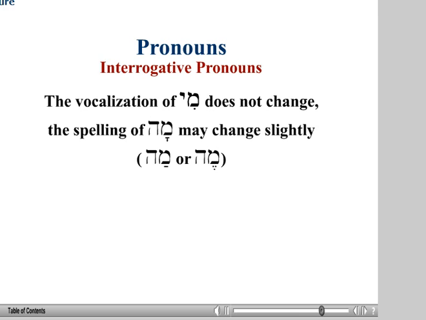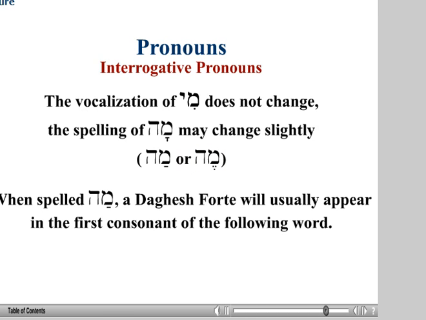In addition to mah with qamets under the mem, this interrogative is also spelled meh with patach under the mem and meh with segol under the mem. When spelled as meh with patach, a dagesh forte will usually appear in the first consonant of the following word, unless that consonant is a guttural.